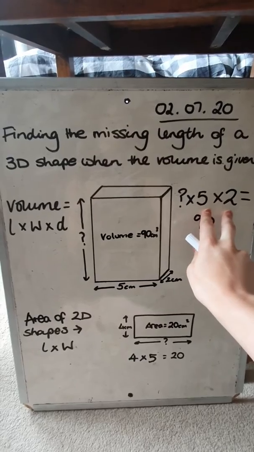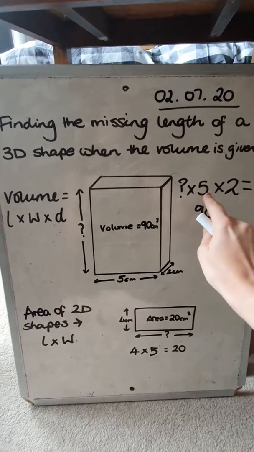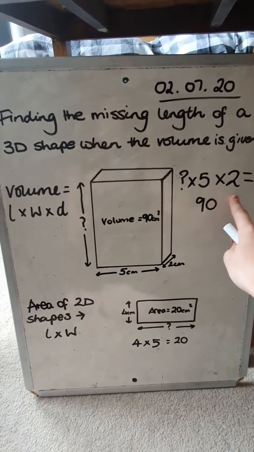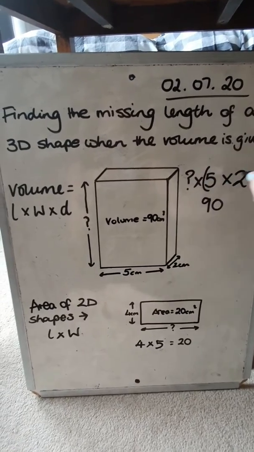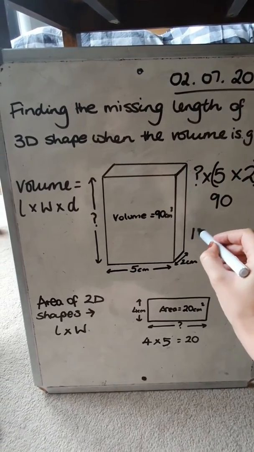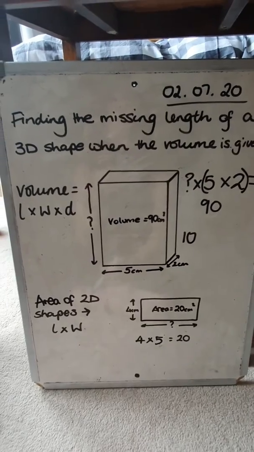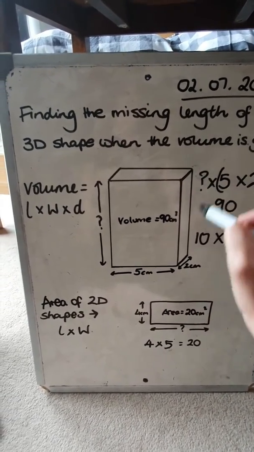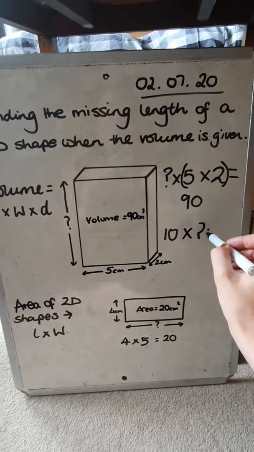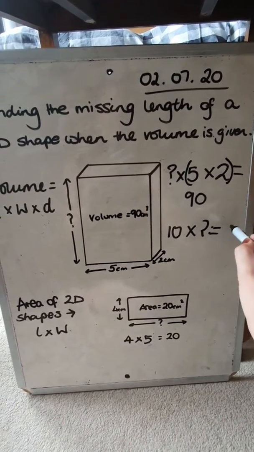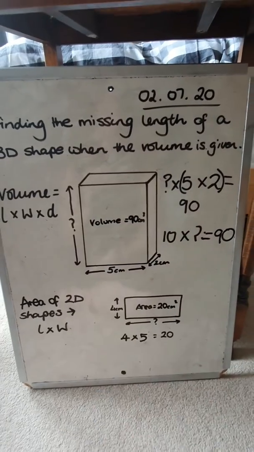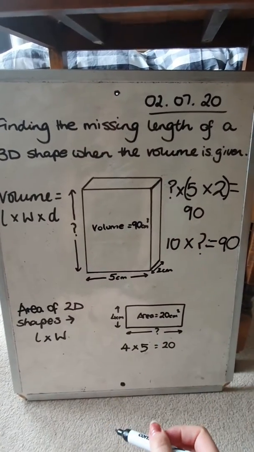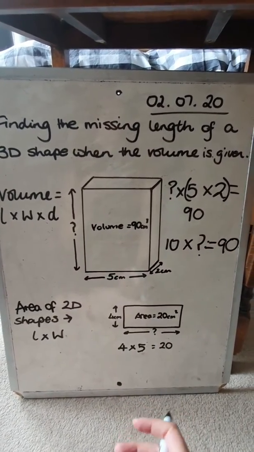That's where I want you to start every single time today. 5 times 2 is 10. So this part of our calculation, I'm going to make a note over here, is 10. Which means that 10 multiplied by question mark equals 90.